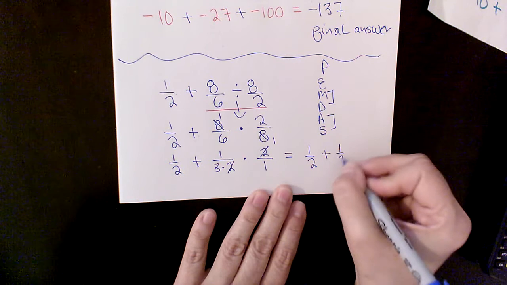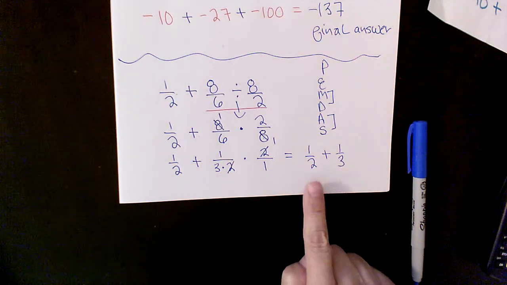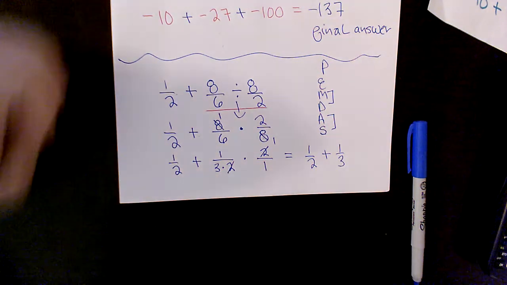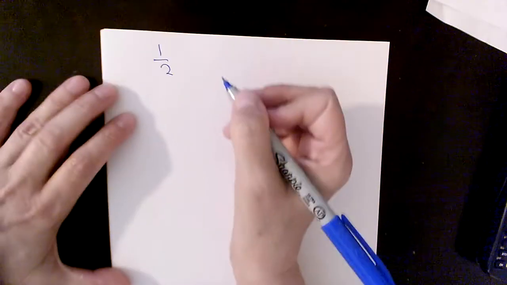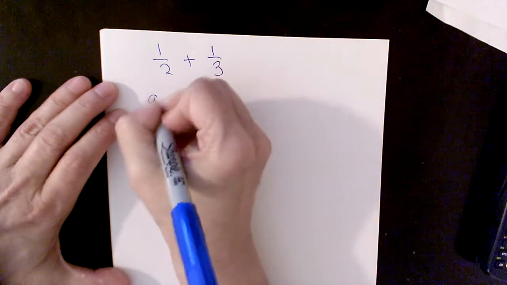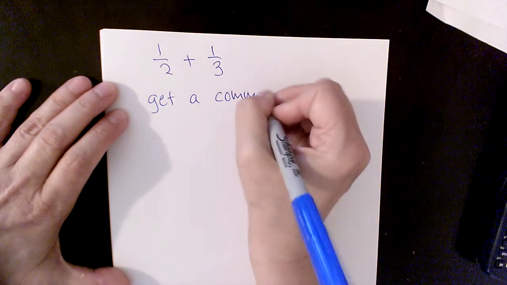plus 1/3. Now in the last video, I didn't talk about how to add fractions. You might need to review that, but remember we need to get a common denominator. So let me do that for you. I'm adding 1/2 and 1/3, and we need to get a common denominator.